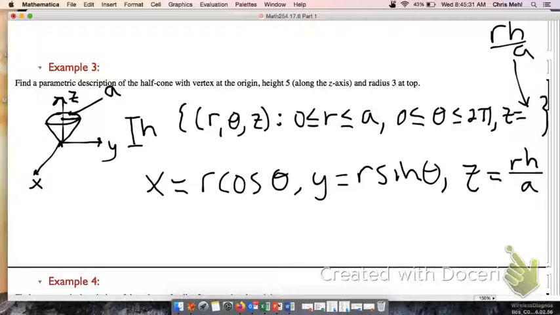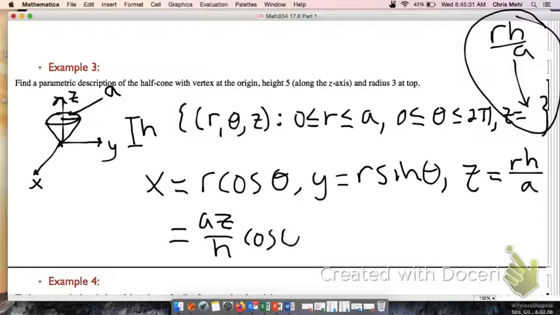Remember, a is the radius at the top, and h is the height of the cone. Now, if you take this equation for z, z is rh over a, and solve that for r, you get r equals az over h. So x is az over h cosine theta, y is going to be az over h sine theta, and z stays z.